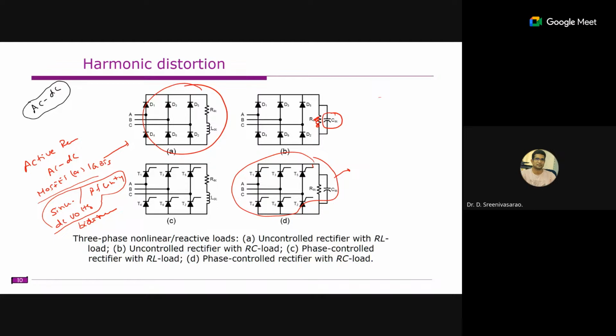These merits are possible with active rectifiers. So wherever we have AC to DC conversion, in early days we used diodes or thyristors, single phase or three phase. Now we are replacing them with active rectifiers or active front-end converters.